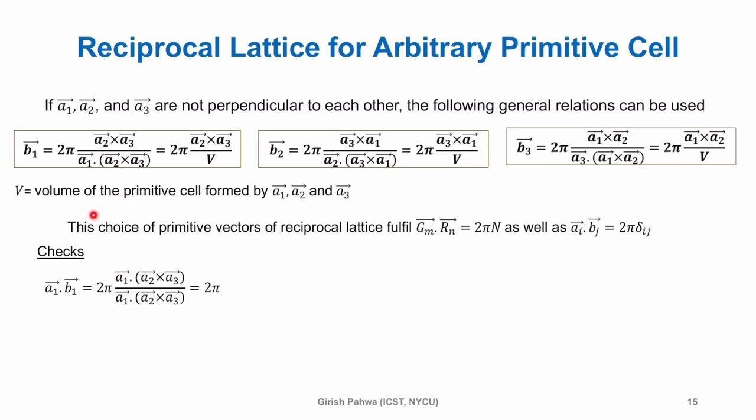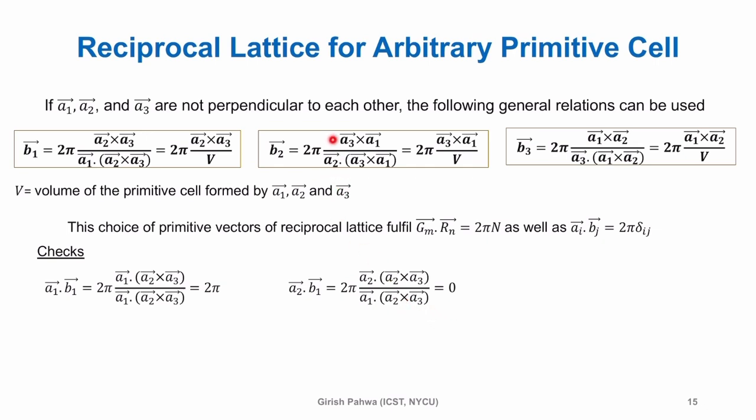A1 is simply A1. And what is B1? B1 is this whole thing, right? So 2 pi times this, and A1 is going to be A1 dot this whole thing. Numerator and denominator can cancel each other, so this will be equal to 2 pi. Simple, right? Similarly, you can test this, say A1 dot B2 or A2 dot B1. That will give you 0, right?